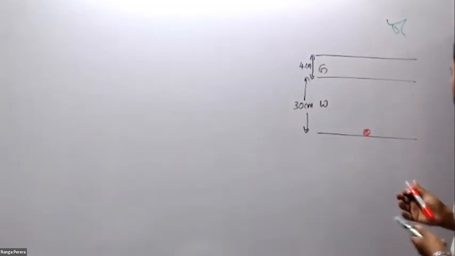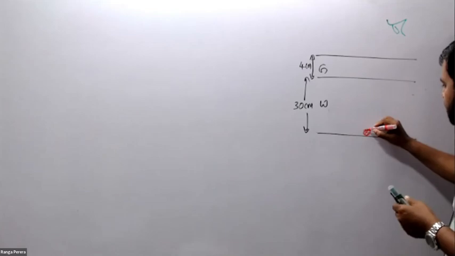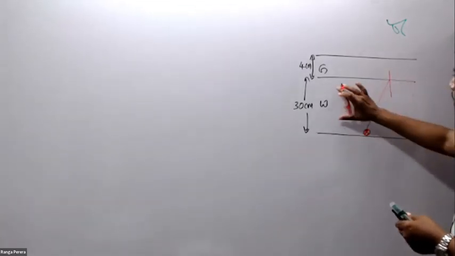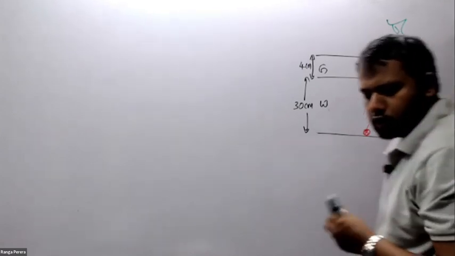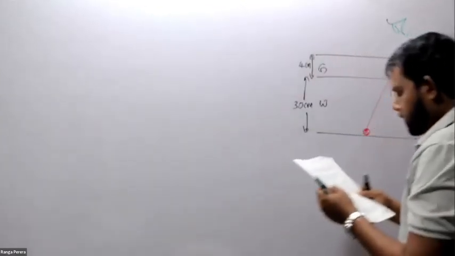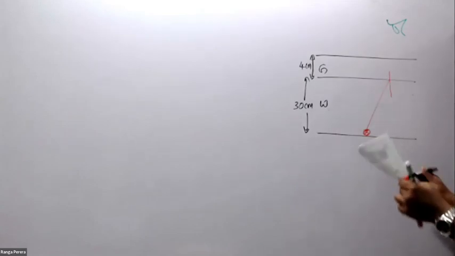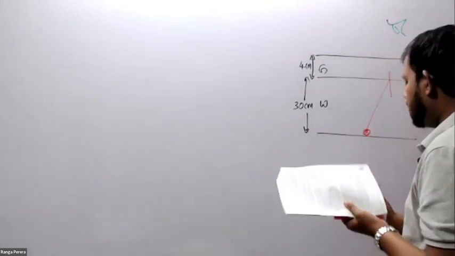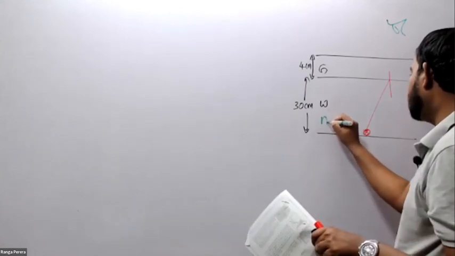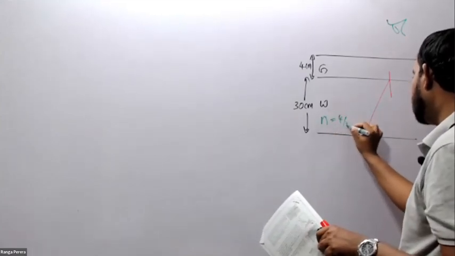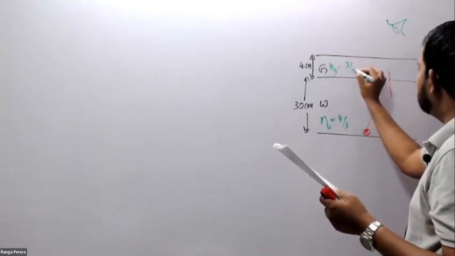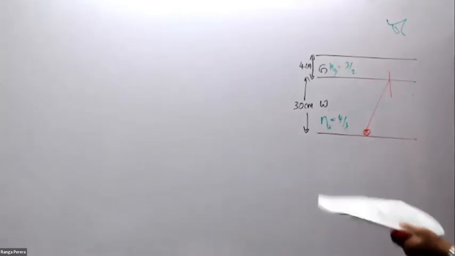Look at here. So I can draw a ray which goes through this line. What will happen based on the refractive index values according to the question? The refractive index of water is given as 4/3. In glass, it is 3/2.